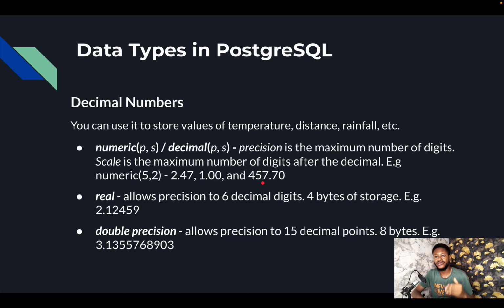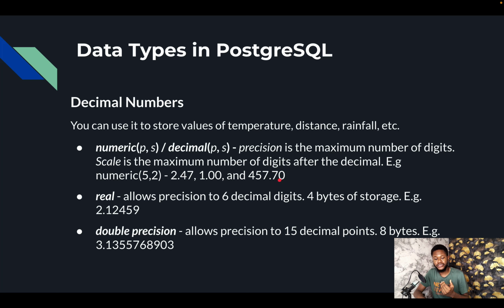Now if you know that the decimal number you're going to store will be more, then you can specify the precision. Maybe you can specify it to be 10, if it's going to be 10 digits in total. The second number just represents the maximum number of digits after the decimal point. You can see that all of them have 2. You don't have more than 2 digits after the decimal point.